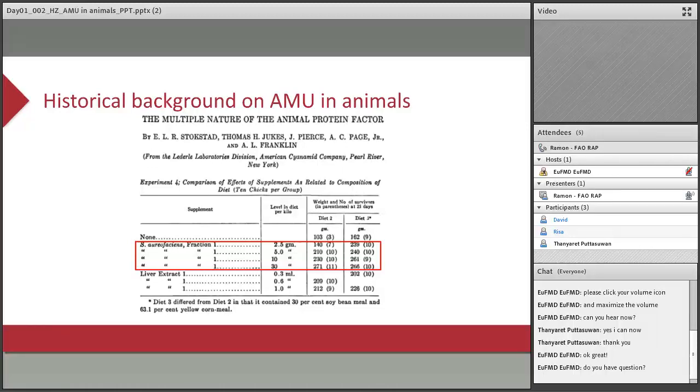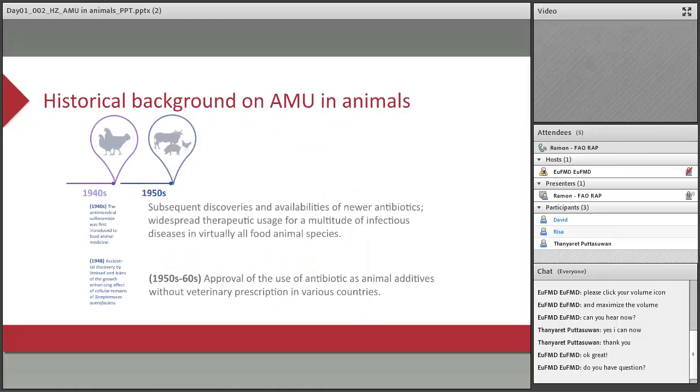They found that the chicks receiving a supplement of this antibiotic fermentation grew 24% more rapidly than with liver extract, which is another source of vitamins. They later realized this growth enhancement was actually not because of the vitamin, but because of the residue of the antibiotic acting as a growth enhancer.